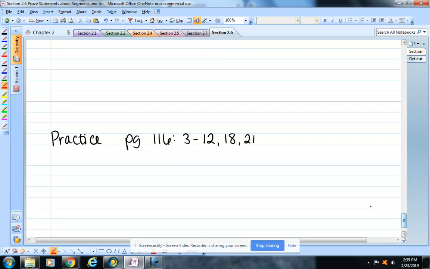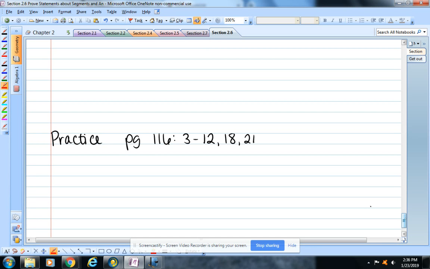Isn't what you're trying to prove supposed to be the last statement? Problem number 3 has a blank on number 4 for the statement. So that number 4 statement should be AC equals 11. So the last statement should always be what you're trying to prove. Number 4 is multiple choice. You're filling in that last reason, and it's multiple choice.